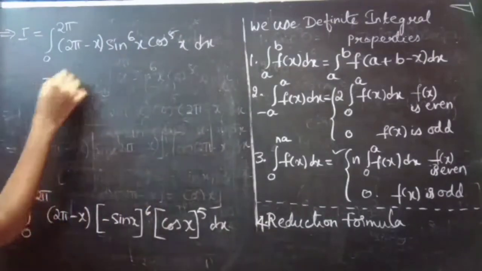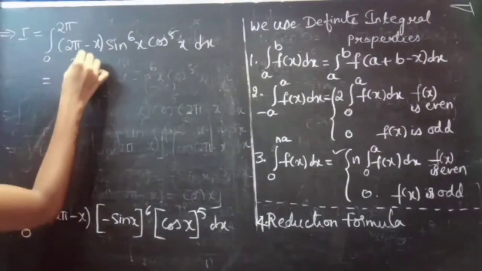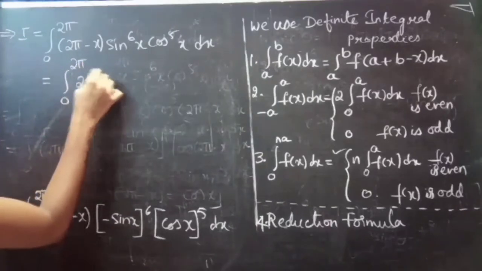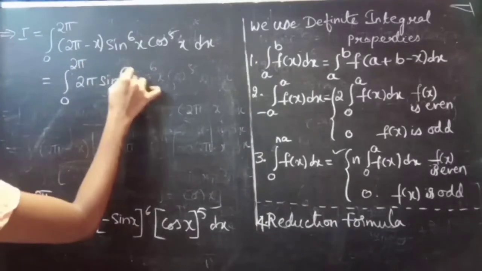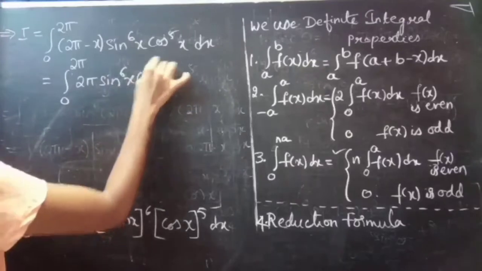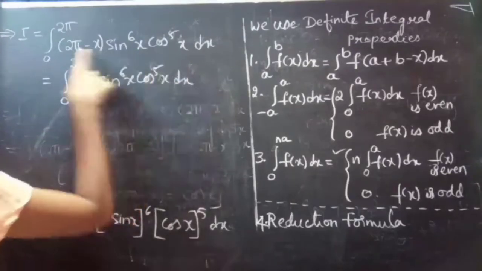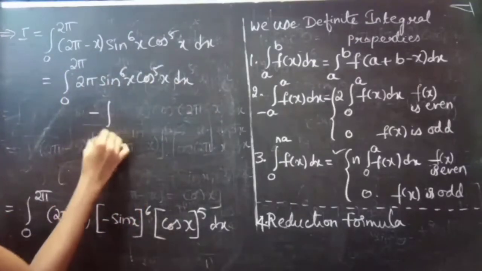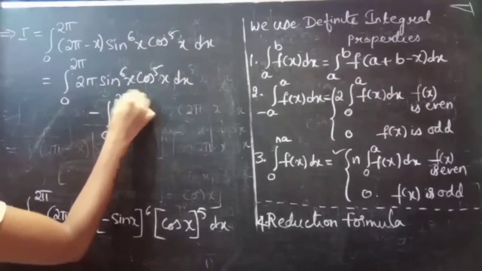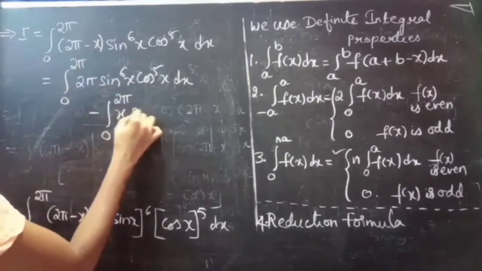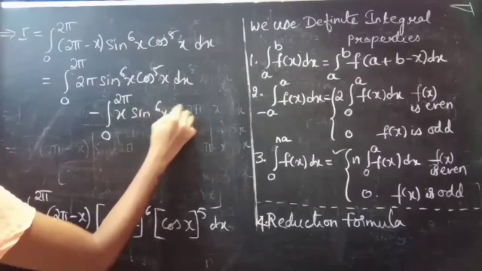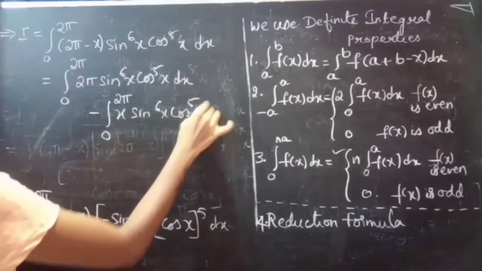So this equals the integral from 0 to 2 pi of 2 pi into sin power 6x into cos power 5x dx, minus the integral from 0 to 2 pi of x into sin power 6x into cos power 5x dx.